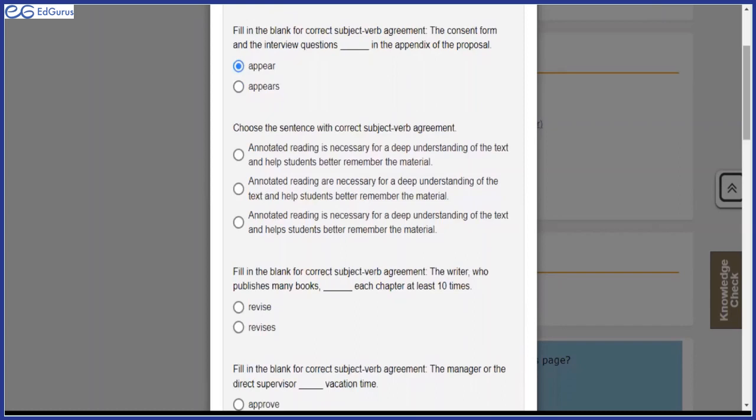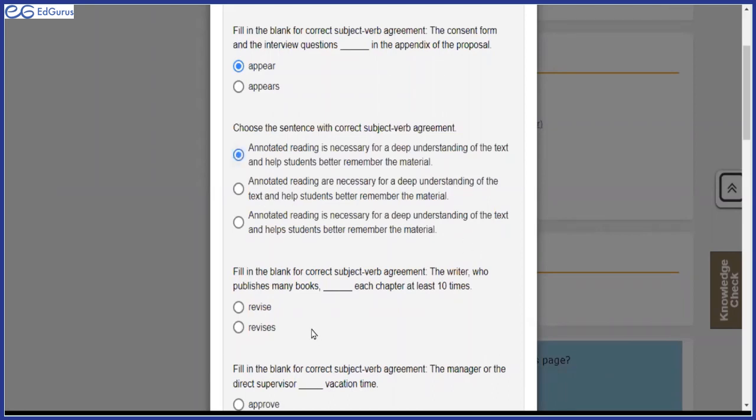Ma'am, A. A. Yes. Annotated reading is necessary for a deep understanding of the text and helps students better remember the material. Very good. Correct. Absolutely correct.